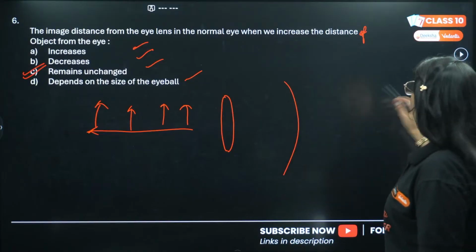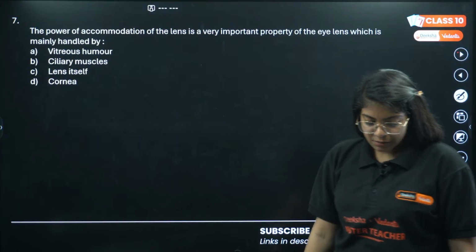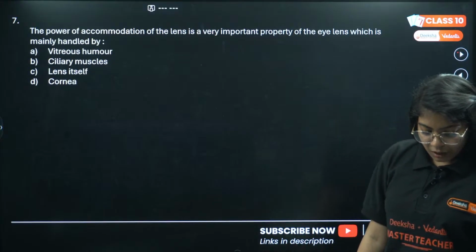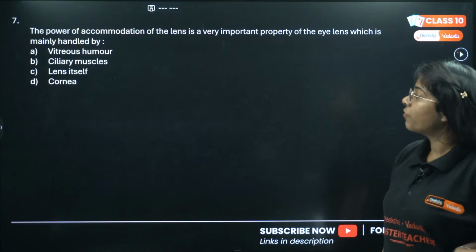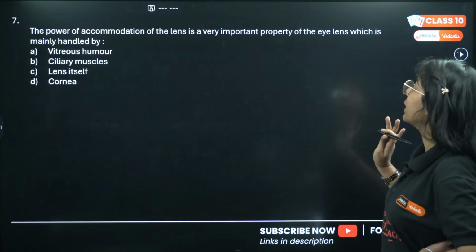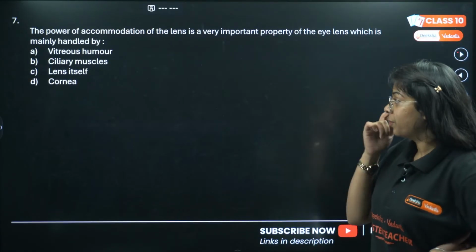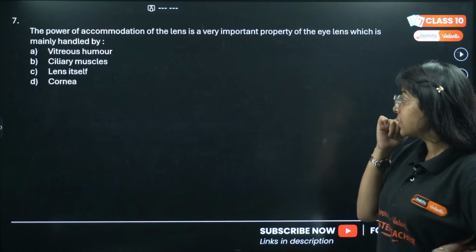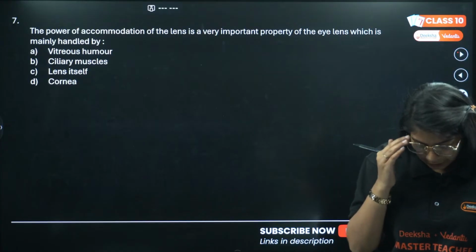Okay. Seventh question. It says, the power of accommodation of the lens is a very important property of the eye lens. Which part is it mainly due to? Vitreous humor, ciliary muscles, lens itself, or the cornea?